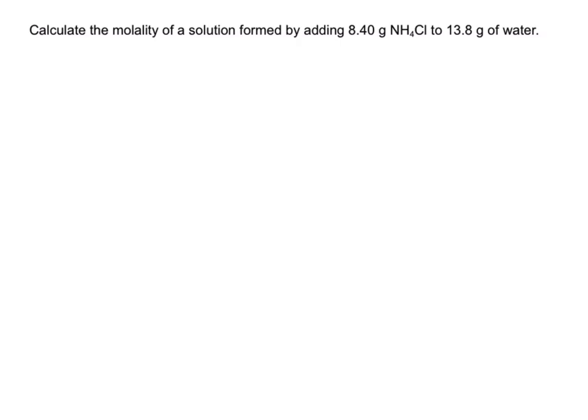In this example, we're asked to calculate the molality of a solution formed by adding 8.4 grams of NH4Cl to 13.8 grams of water. So I want to try to come up with my given table. It's asking me to calculate the molality, so that's my question mark. And the solution is formed by adding ammonium chloride to water. So the mass of my solute is 8.4 grams of ammonium chloride.